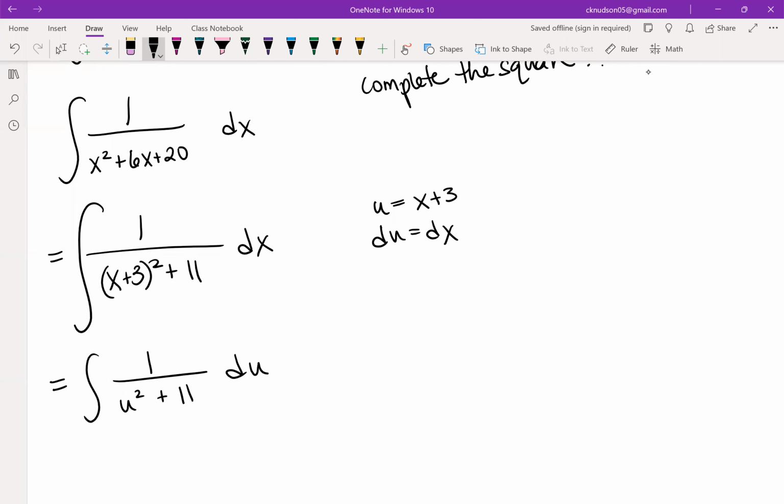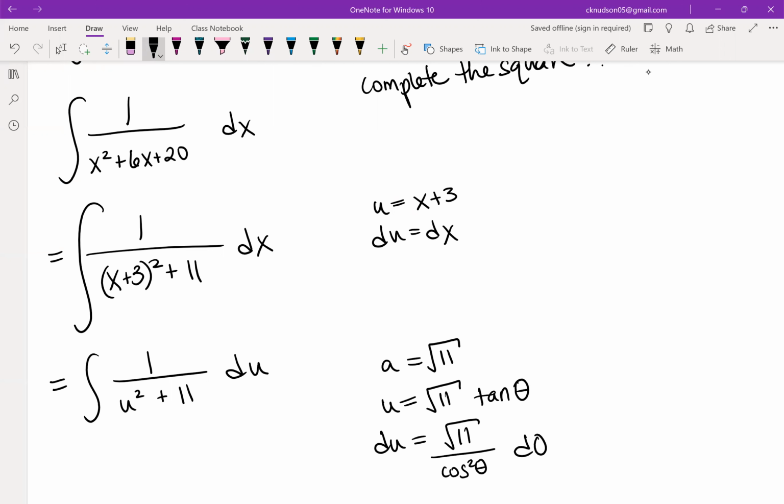And now it's obvious that we have a equals the square root of 11, and we can say u equals a tan theta, which means that du is equal to the square root of 11 over cosine squared of theta d theta.